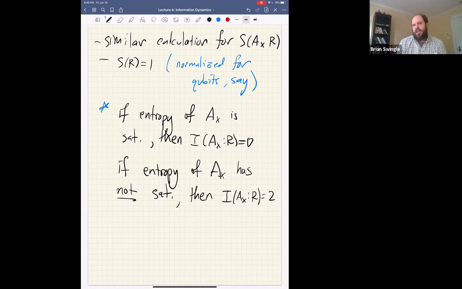But if the region is too small at a given moment in time, so that entropy is no longer changing, then it's no longer entangled with the reference. And it no longer contains the information that you put in. That information is contained elsewhere in other degrees of freedom in the system.